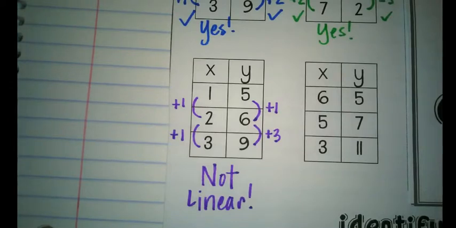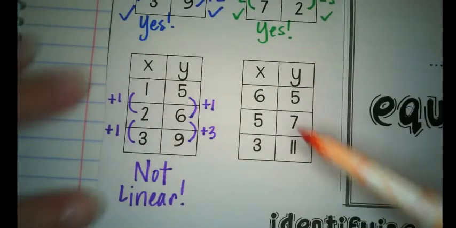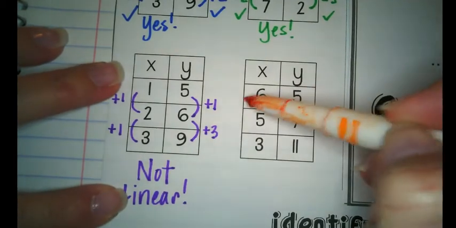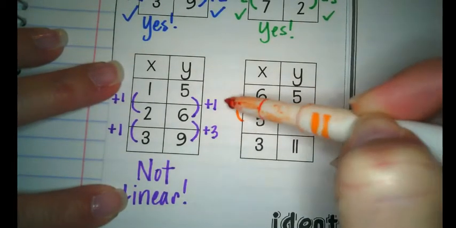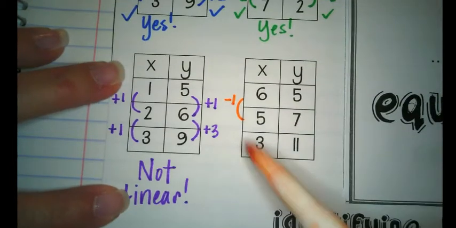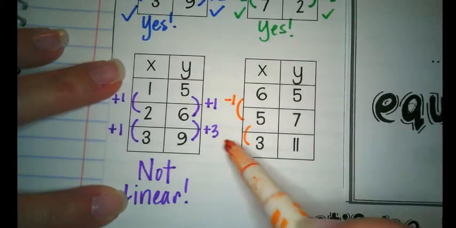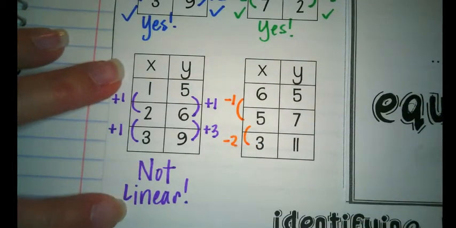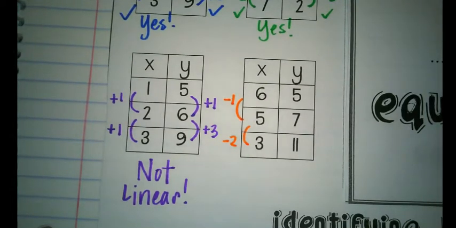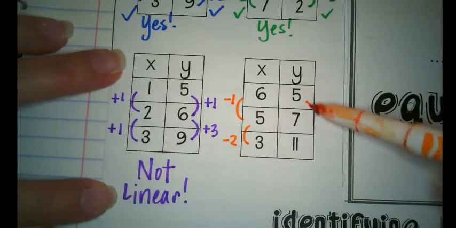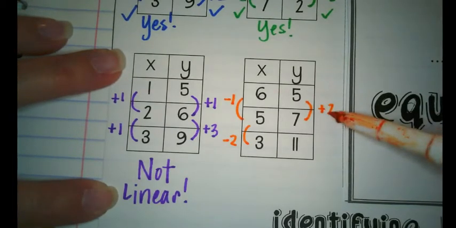All right, looking at the last one. From here to here, we subtract 1. And from there to there, we subtract 2. So that doesn't match, but let's see what happens on the y side. From here to here, we add 2.